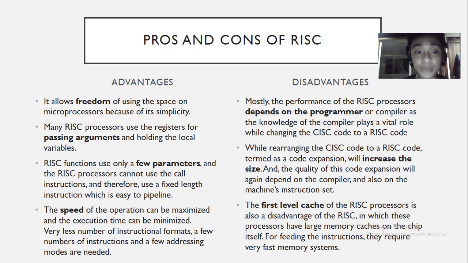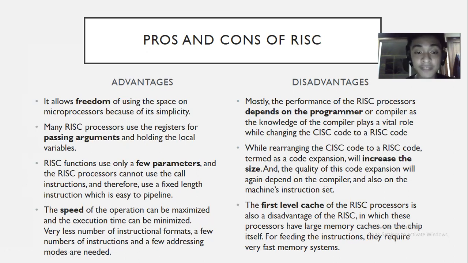RISC functions use only a few parameters, and the RISC processors cannot use the call instructions, and therefore use a fixed length instruction, which is easy to pipeline. So the main takeaway here is that it's easy to pipeline, since they only use a few parameters. The speed of the operation can be maximized, and the execution time can be minimized.